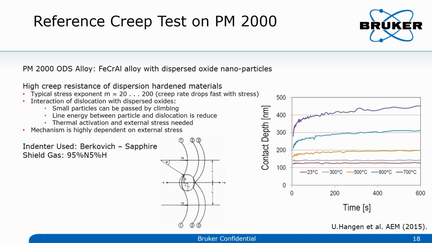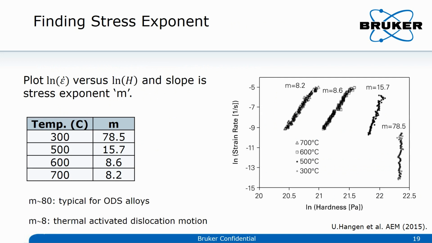At 500 degrees, a small creep displacement is observed and a more pronounced creeping behavior at 600 and 700 degrees C. The same data observed in a contact depth versus time plot are now converted in a log strain rate versus log hardness plot.